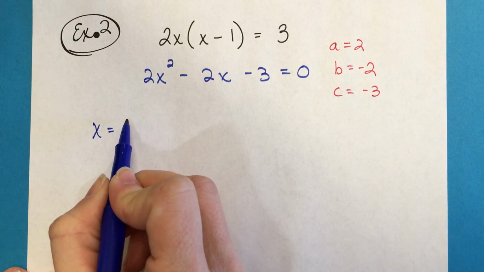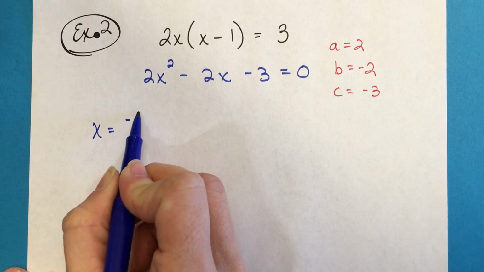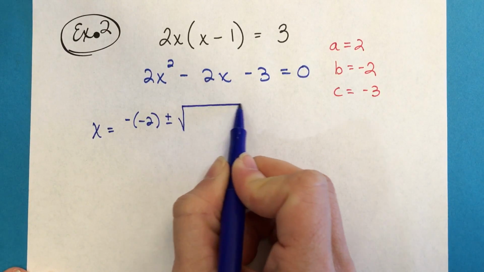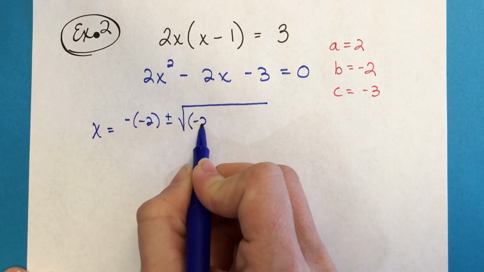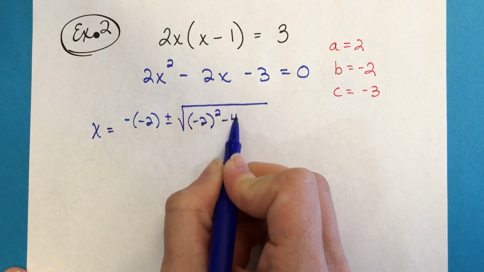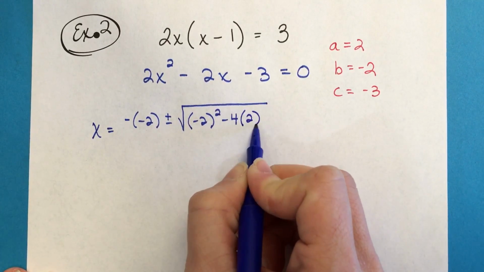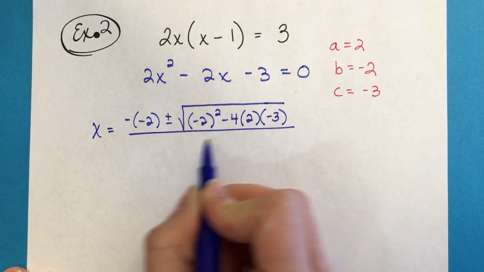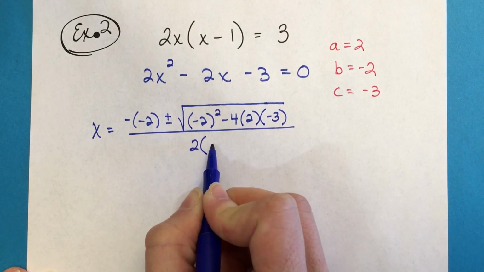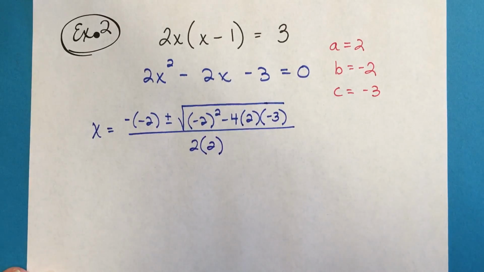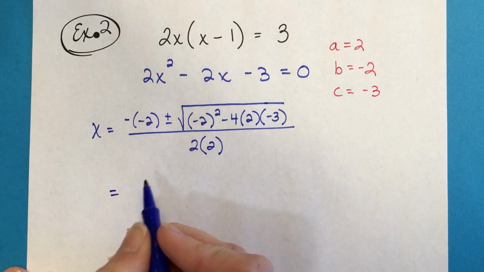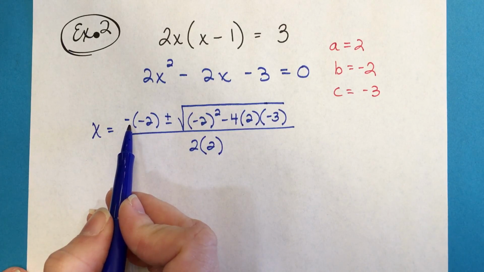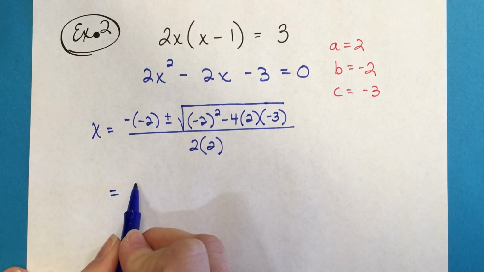Okay, so you would have negative b, so we'll have negative negative 2 plus or minus the square root of negative 2 squared minus 4 times 2 times negative 3, divided by 2 times 2. Here at the beginning of your formula, that would end up just being a positive 2.